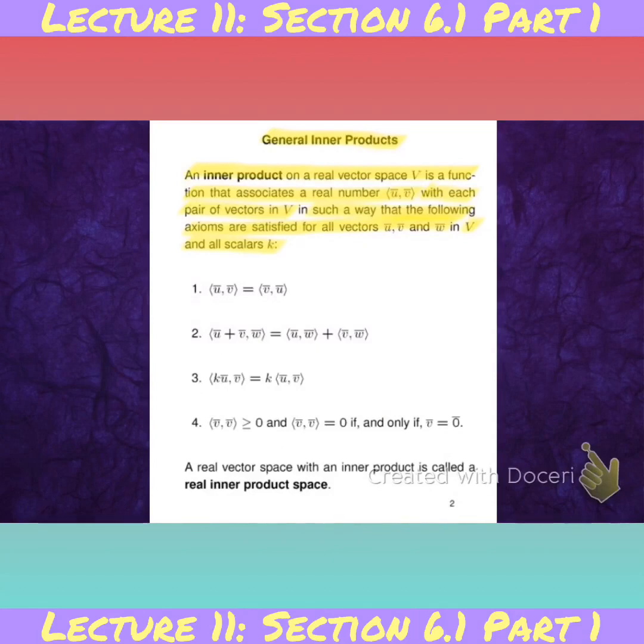So 1, 2, 3, and 4 need to be satisfied for a given operation to be called an inner product. So just like the dot product, you need the inner product between two vectors u and v to be the same as the inner product between the vectors v and u, right? Just like the dot product.